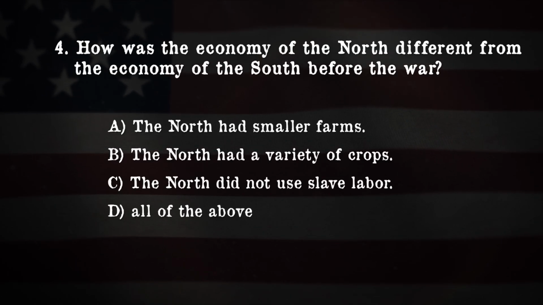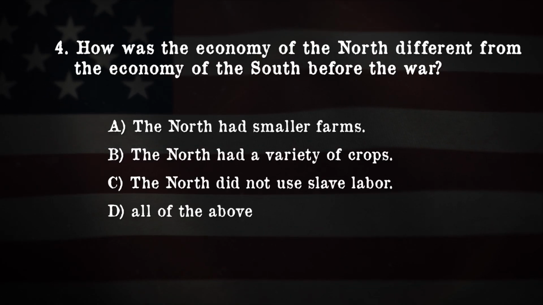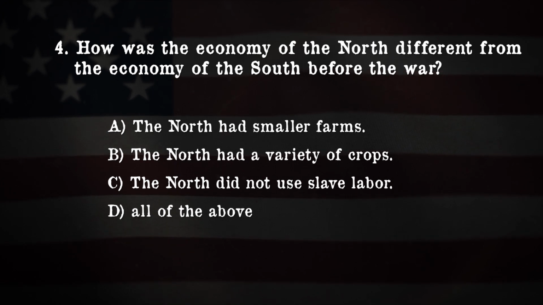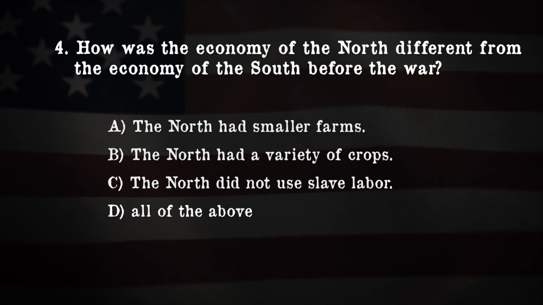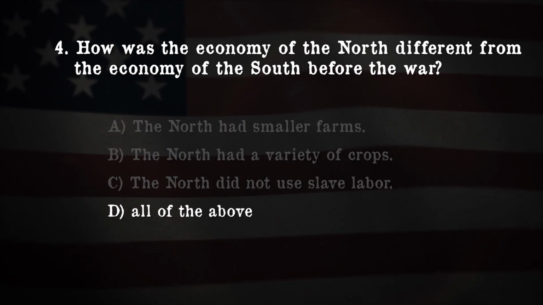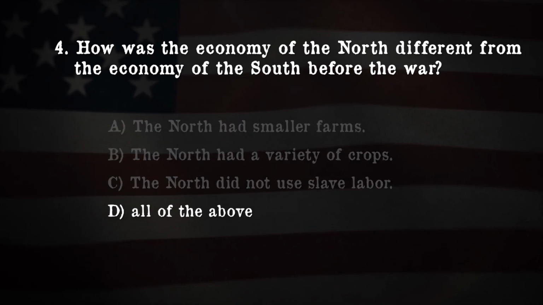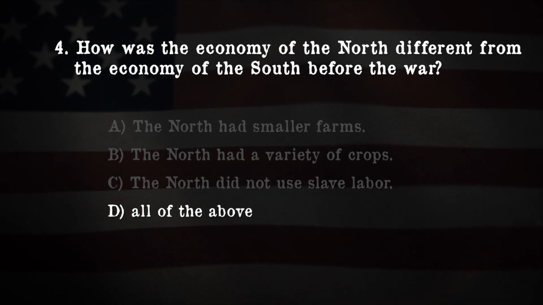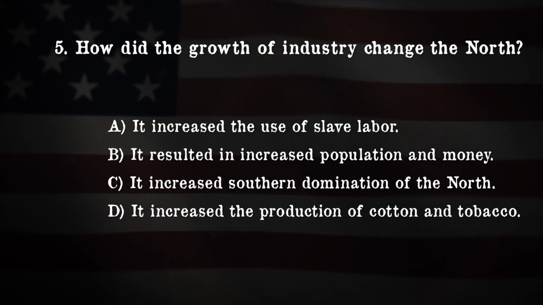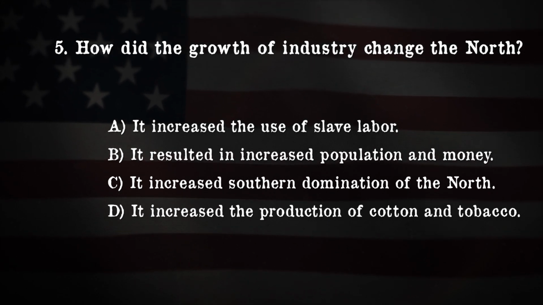How was the economy of the North different from the economy of the South before the war? The North had smaller farms, grew a variety of crops, and did not use slave labor. How did the growth of industry change the North?